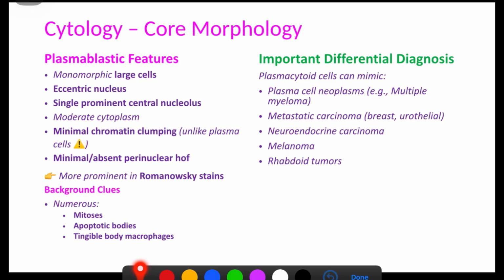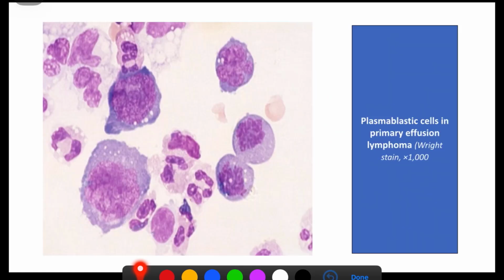So what are the important differential diagnoses? Plasmacytoid cells can mimic plasma cell neoplasms like multiple myeloma. Some metastatic carcinomas of breast and urothelial origin sometimes show plasmacytoid appearance, as do neuroendocrine carcinoma, melanoma and rhabdoid tumors.